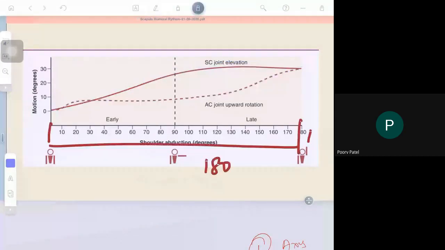Clear? So in 90 degrees range of motion, up to 90 degrees, listen carefully, you see in which joint the range of motion is high. Which joint has the high range of motion?